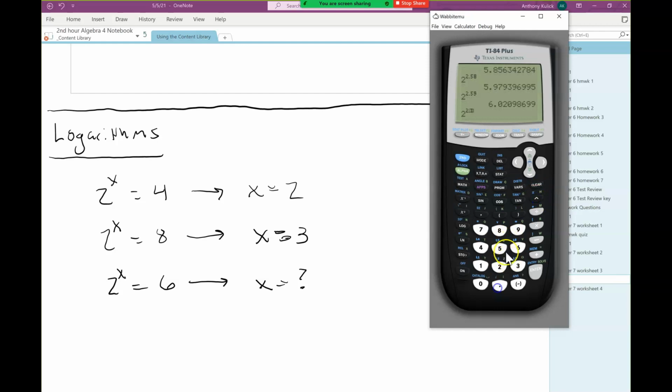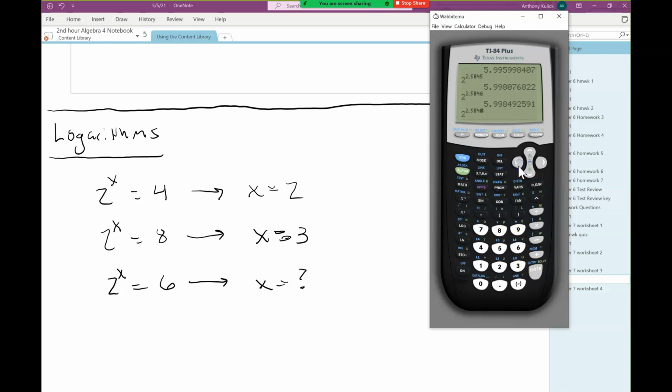So it's 2.58 something, maybe 2.585. That's still too big. So maybe we do 2.584. Not big enough, so I need to add a little bit more on. So maybe it's 2.5845. Not big enough. And maybe 2.5846. Not big enough.